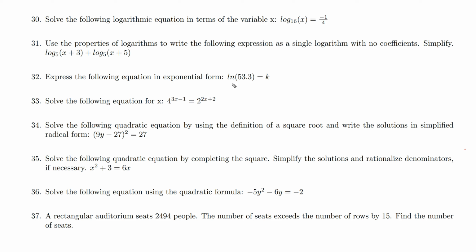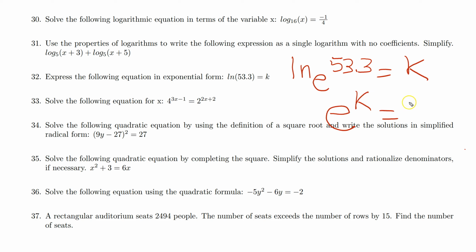Now, our base here, if you remember, is the letter E. So it's natural log of this answer equals K. So our exponent is K. This is natural log, so our base is E. Our exponent is K. And our answer is 53.3.